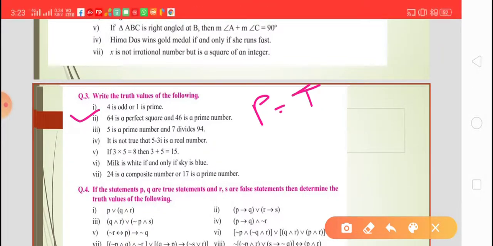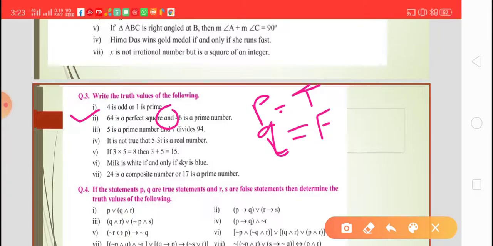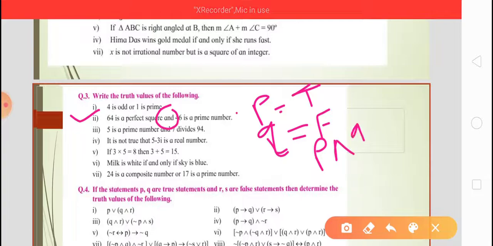Is 46 prime? No. That means the given statement is false. And which logical connective connects these two statements? Yes, it is conjunction, because the word and is used there. So the symbolical form of this compound statement is P conjunction Q.